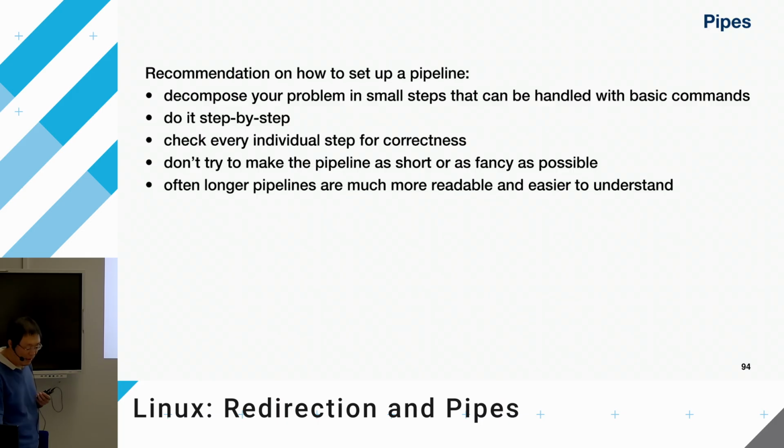But during the entire procedure, do not try to make your pipeline as short as possible. It's better to make your pipeline longer to make it more readable and easier for others to understand. This is our recommendation.